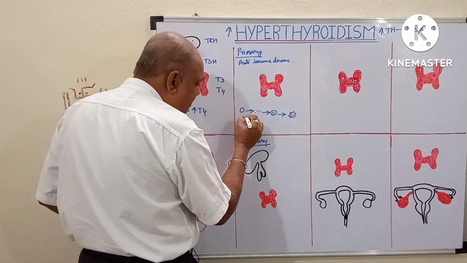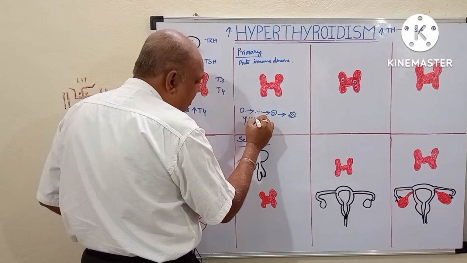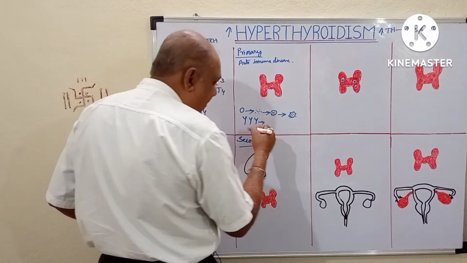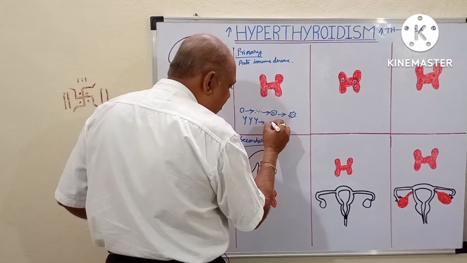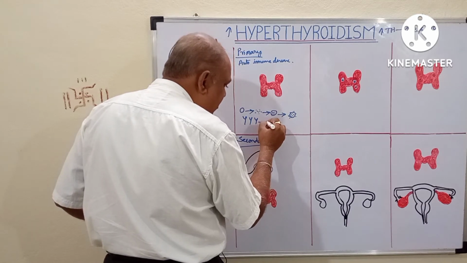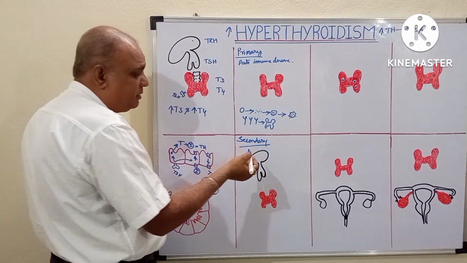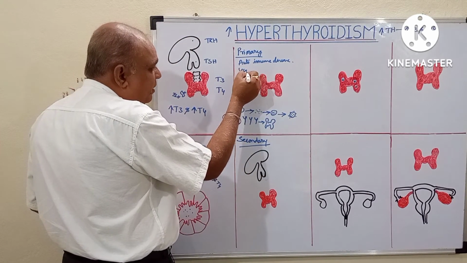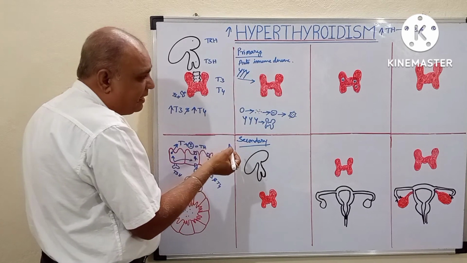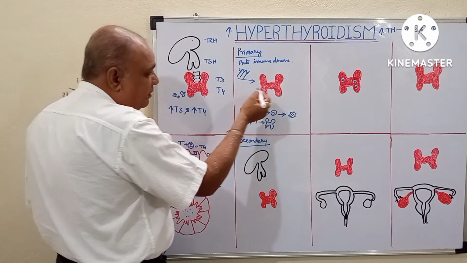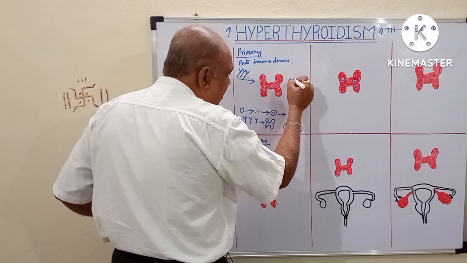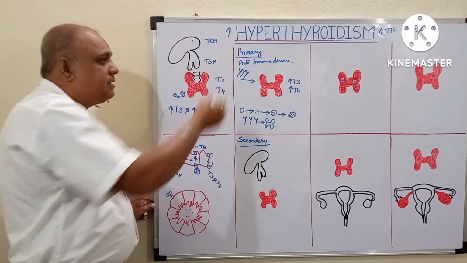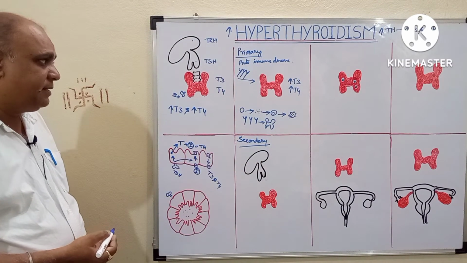The antibodies acting against the tissue, or attacking the tissue, will lead to the autoimmune disease. That's the reason why our own antibodies acting against the thyroid gland will lead to increased T3 and T4 levels, which indicates hyperthyroidism.